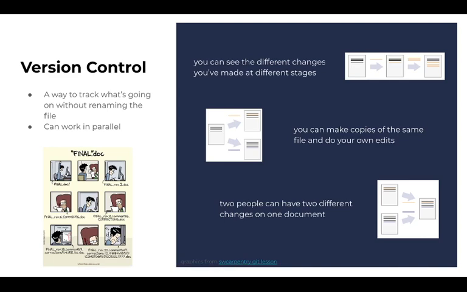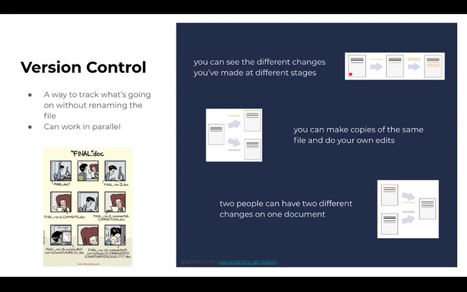And then you'll call it final one, and then final two, final three, etc., etc. Or first draft, second draft, third draft, you get it. Version control is a great way where you can see the different changes you've made at different stages. So here's the original doc, here's your first edit, and then here's your second edit. And you can go back and see any one of these at any time.